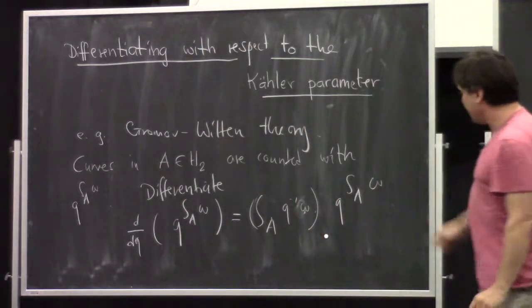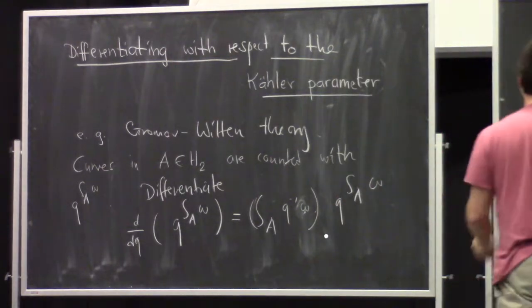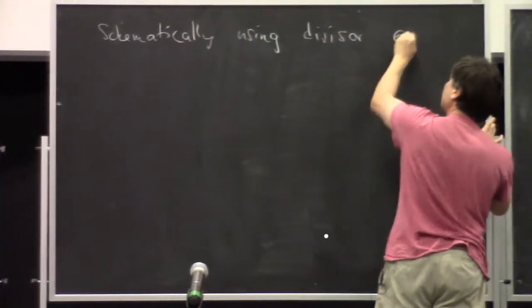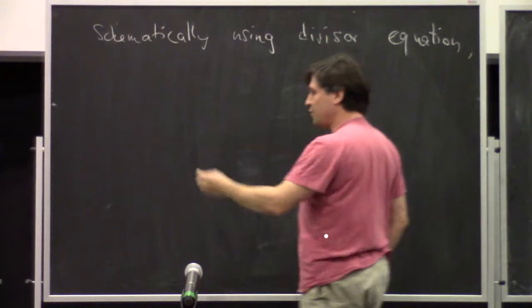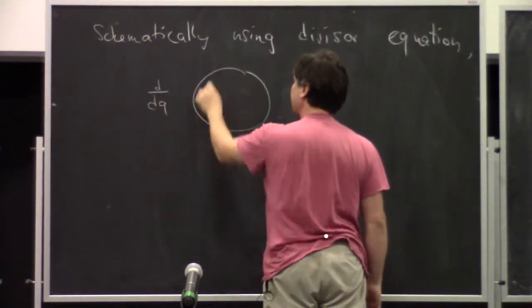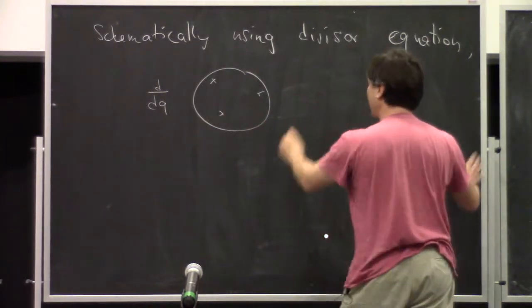So there you go. This class here gets multiplied by this class here. So schematically, using the divisor equation, if you think about it, you have some kind of Gromov-Witten invariant, and it's associated to some kind of Riemann surface, maybe with marked points.